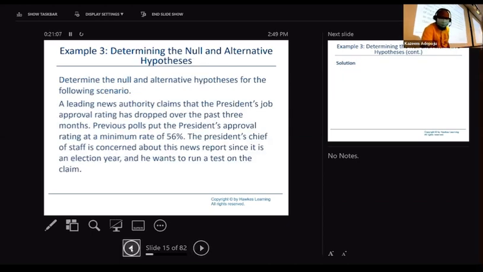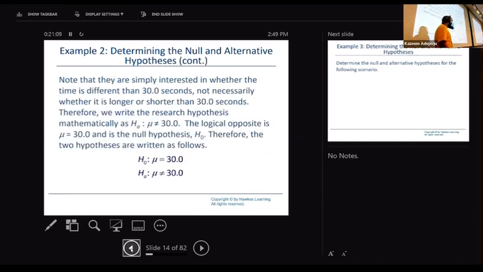Now, if you look at examples 1 and 2 that we did, they actually centered on mu. And when we are specifying hypotheses that have to do with mu, we always use mu. You don't use S bar, you don't use X bar. Why is it that we don't use X bar?